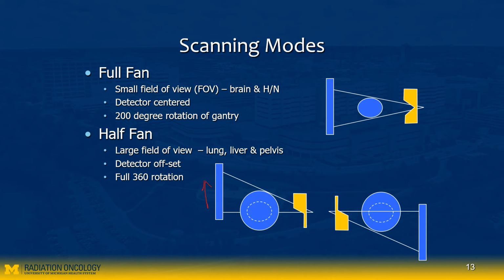That's why we call it half fan. Then it rotates around and acquires the other side of the patient anatomy. So it requires a full 360 rotation, and the image quality is inferior to full fan, but what is good about it is that it has a larger field of view.